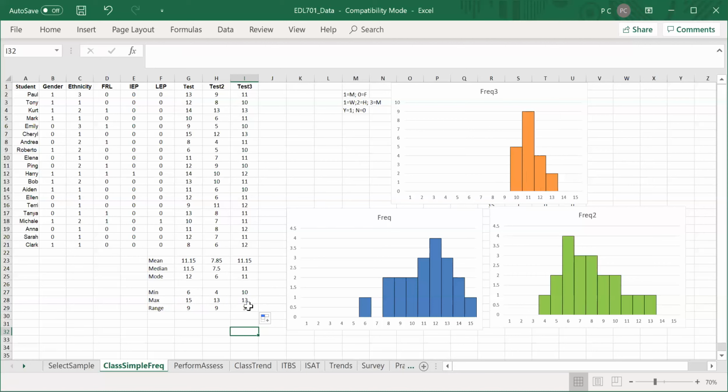Range just uses the minimum and the maximum score, so it can be easily influenced by extreme scores. For example, if I change this to 1, you can see that the range changes from 3 to 12 points difference, although the majority of scores are within this 10 to 12 range. So range is influenced by extreme scores.